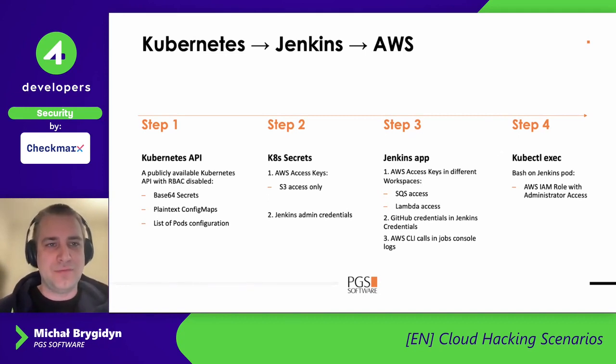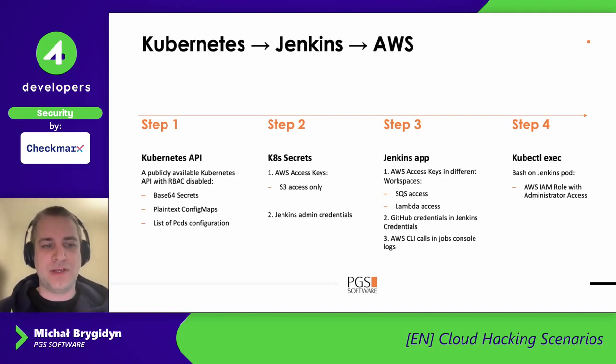Usually, Kubernetes is used just to run your containerized apps, and it's usually configured securely. But in many cases, Kubernetes is misconfigured in a way that the Kubernetes API is exposed publicly. And if a resource is public, then anyone can try to connect to it.